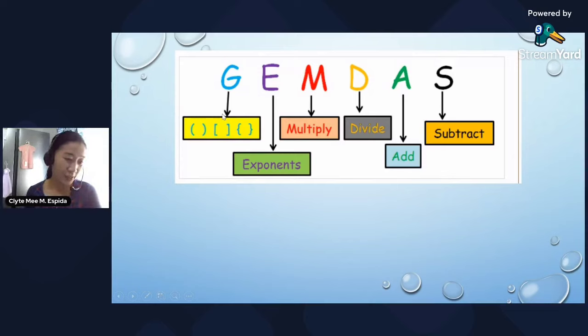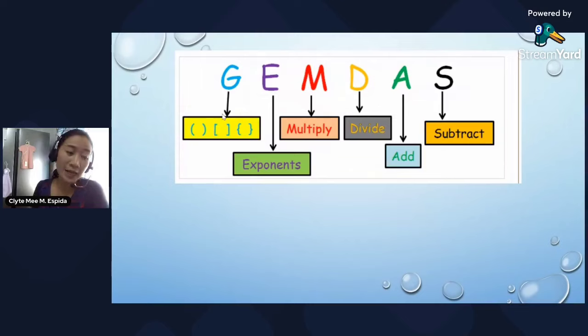Okay, others are using PEMDAS. PMDAS. Okay, very good. For Mr. or Miss, I don't know, Febi Tanglod Wangdali, G stands for group or grouping symbols. So others are using PEMDAS. P stands for parentheses. But in mathematics, we're not only using parentheses.